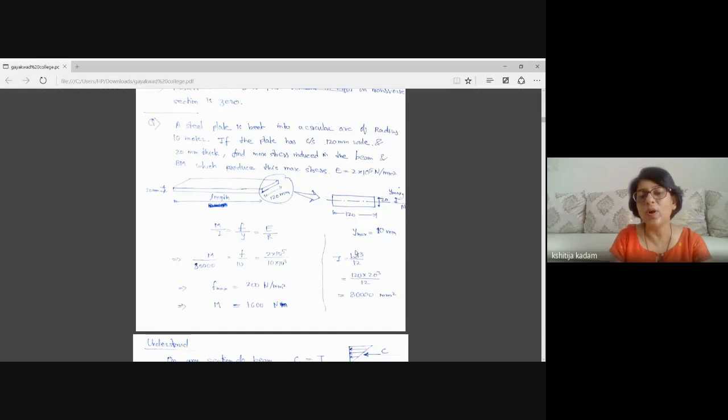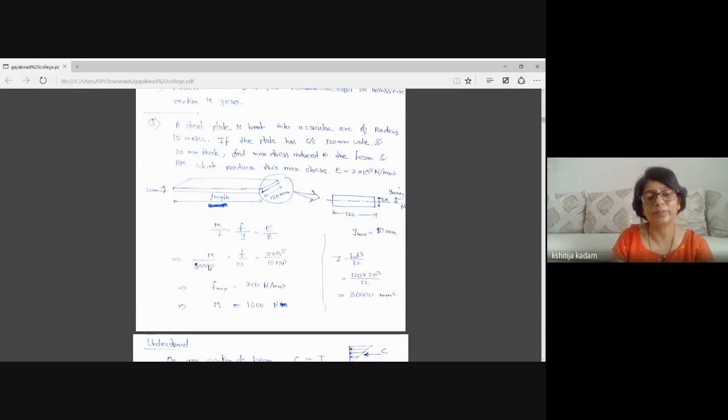Always remember that cube of which value I have to take, which is perpendicular to the neutral axis. Because section is rectangle, so one dimension will be B, other dimension will be D. Which will be D, which will be cubed, is the dimension which is perpendicular to neutral axis. So here neutral axis is horizontal and 20 is vertical, so 20 cube.